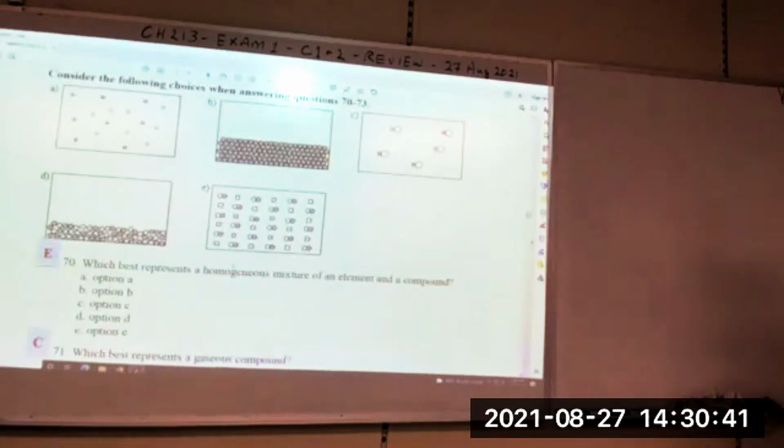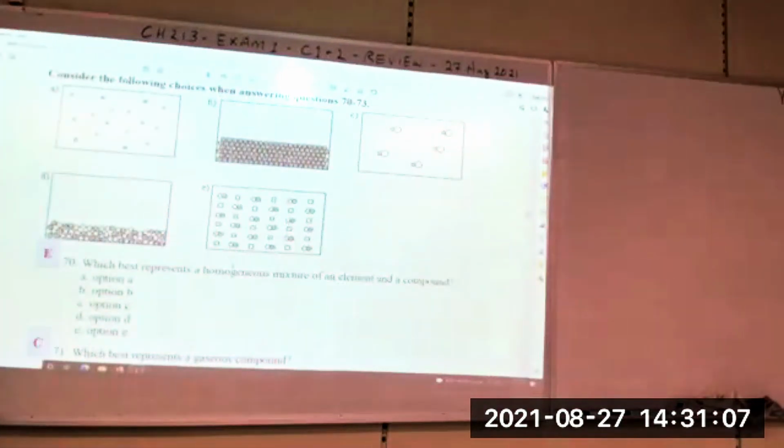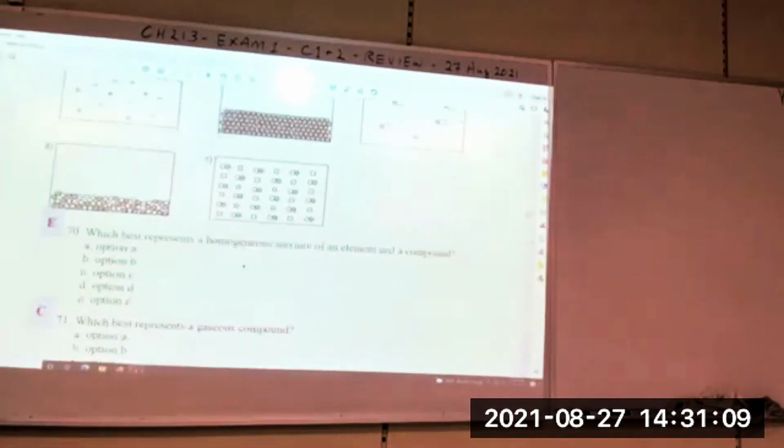So you look at this and say, if it's a mixture of an element and a compound, we look for the ones where there are compounds. There's a compound, no element, that's out. There's an element, no compound, that's out. No compounds here, no compounds there. It has to be E. There's no other choice. So the key to this one is understanding what's meant by those pictures.